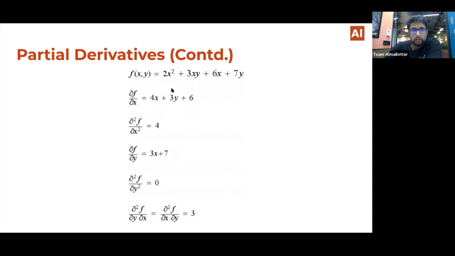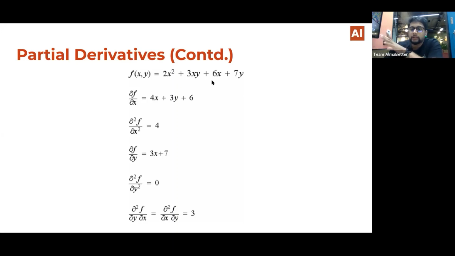So here, let's say you have a function which is dependent on x and y. Okay, so it's 2x square plus 3xy plus 6x plus 7y. Now you want to calculate, let's say, the derivative of this function with respect to x. So you'll not change y.